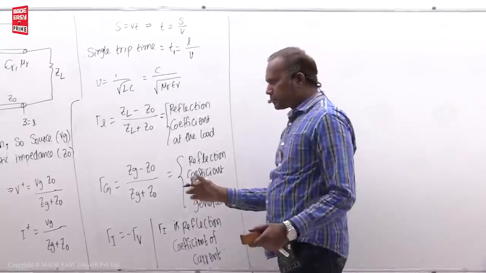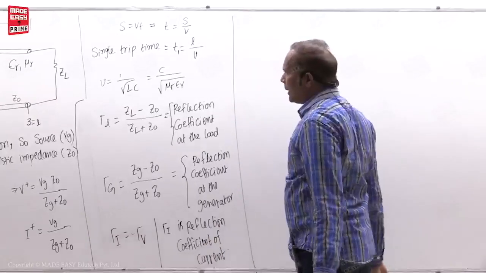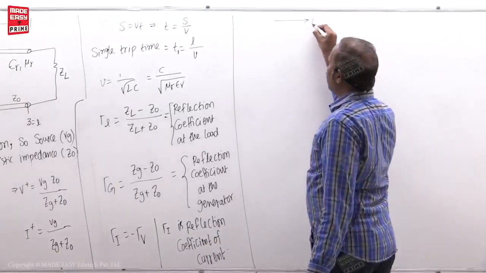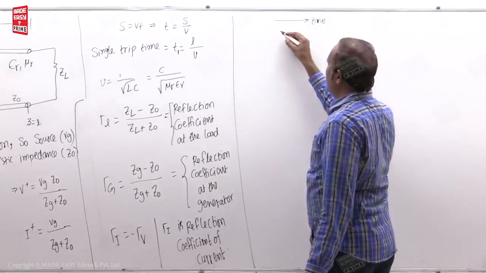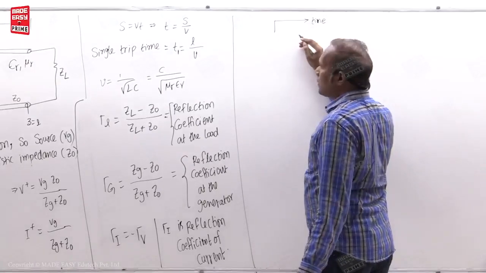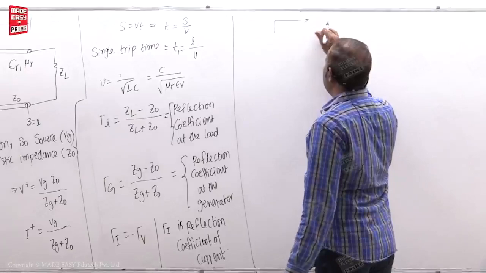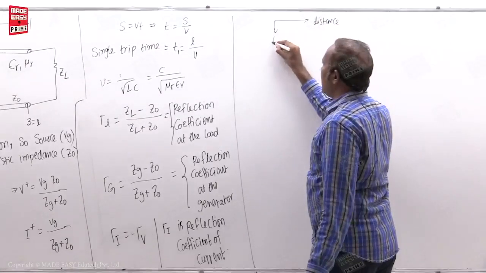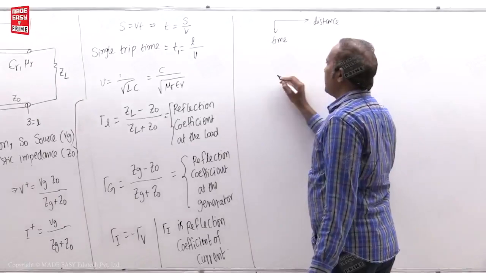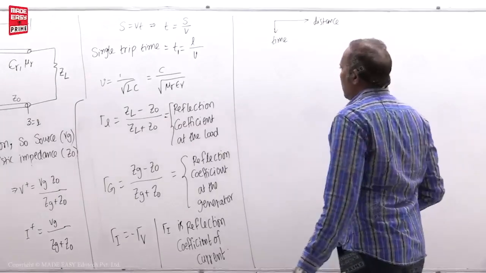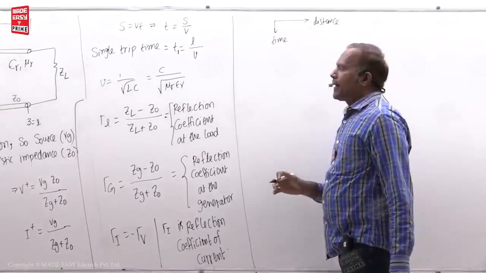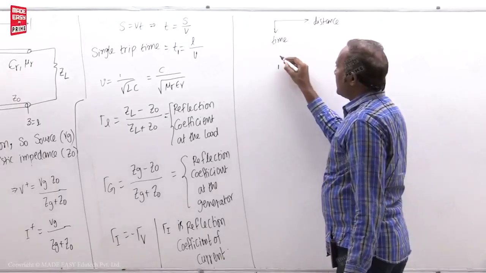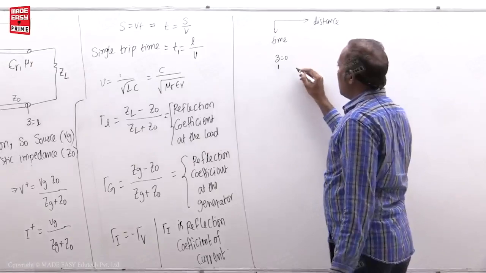Right. Now let us draw the diagram here. On this horizontal axis I am taking distance, and on the other, the time axis. I am representing this as Z is equal to 0.